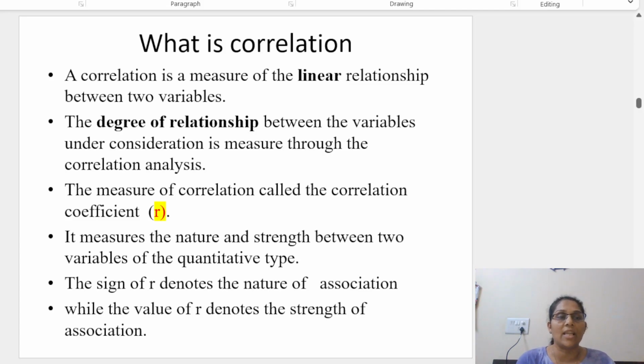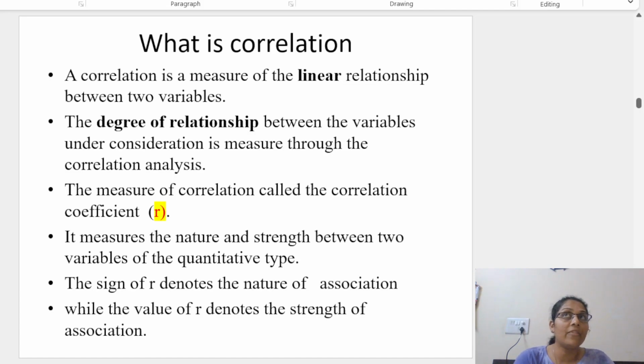Then we can say that there is a positive correlation between the two variables. We can also take another example, number of hours a student studies and the exam score they get. Of course, there is also a positive correlation. As we increase the number of study hours, definitely it will affect our marks, and that's why there is a positive correlation between them also.